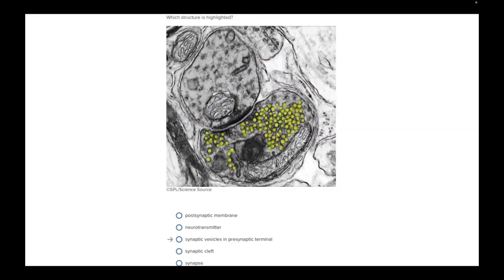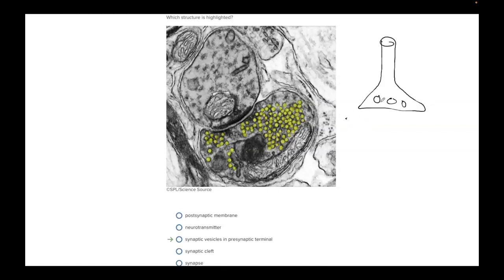Remember what I drew before, the synaptic end bulb that had these neurotransmitters in it. So right here, these are synaptic vesicles in a presynaptic terminal.